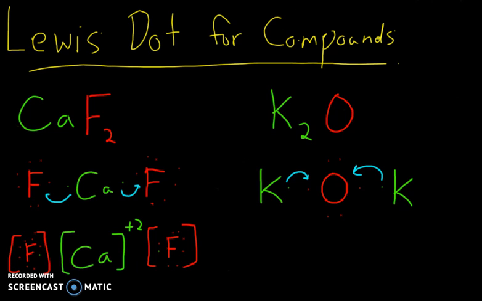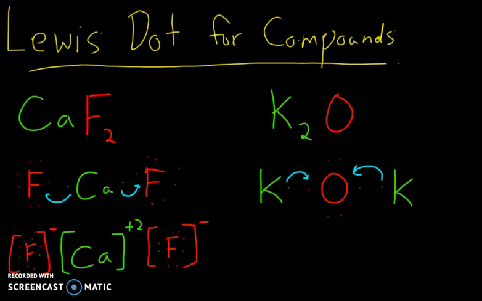And since it gained that extra electron, each of these fluorines has a -1 charge. So you've got 2 fluorines with a -1 charge, makes a total of -2. The calcium is a +2. There's one of those, so our +2 and -2 cancel. We've got a neutral compound. So that is our Lewis dot structure for calcium fluoride.